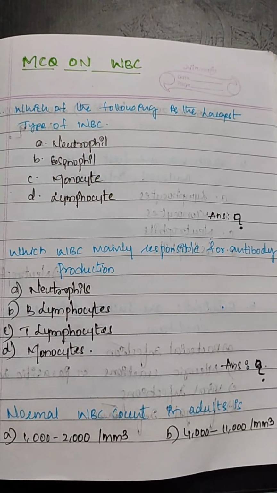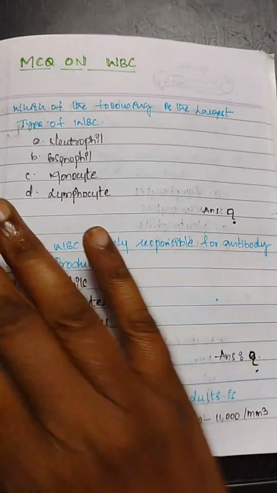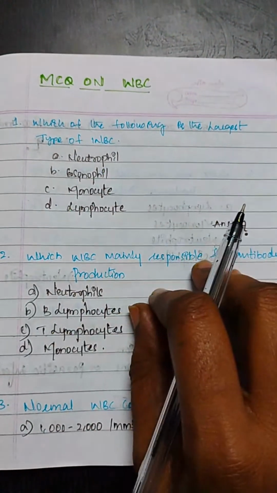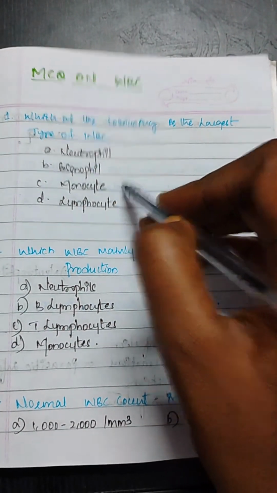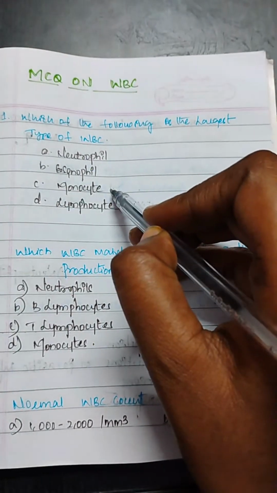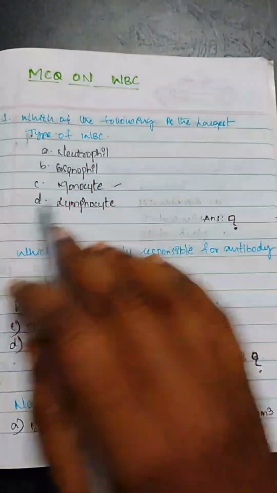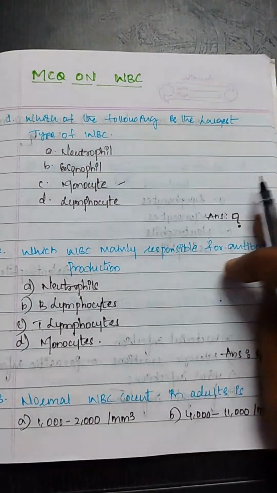The answer is C, monocyte. Option C, the monocyte is the largest type of WBC.